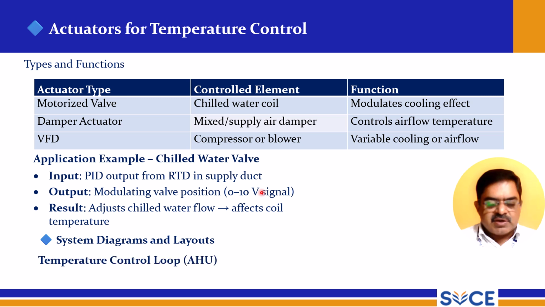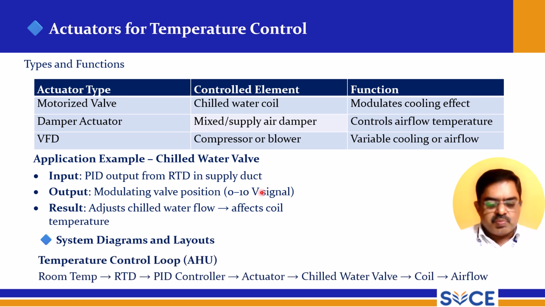System diagrams and layouts: temperature control loop of an AHU. Here the room temperature is measured by RTD, controlled by PID, and controlled by actuator, chilled water valve, coil, and finally we have airflow.